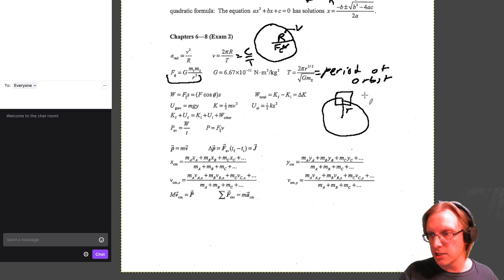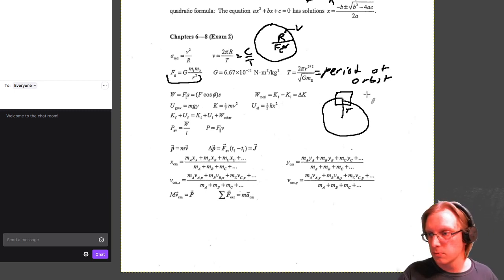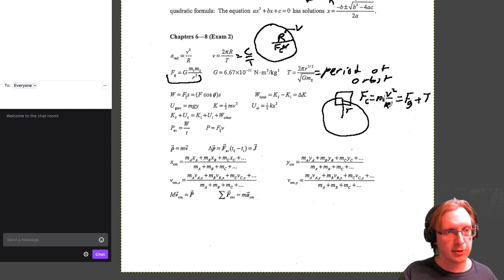In this particular case we want the centripetal force equal to mv squared over r. So this is basically a net force here. And if we're at the top, then we have F gravity plus tension. And tension will provide any other force necessary to make this net force, this centripetal force, come out correct.